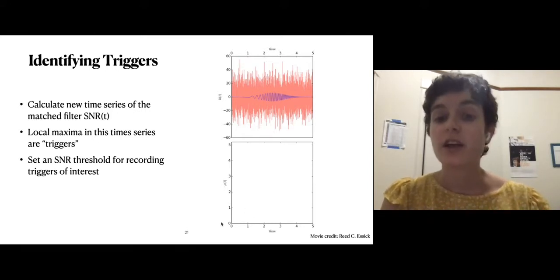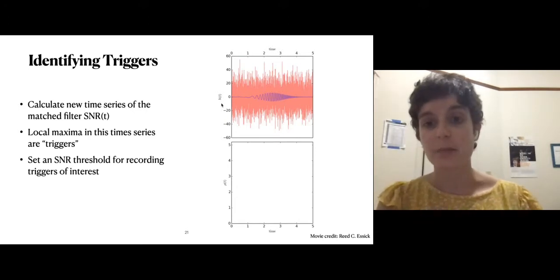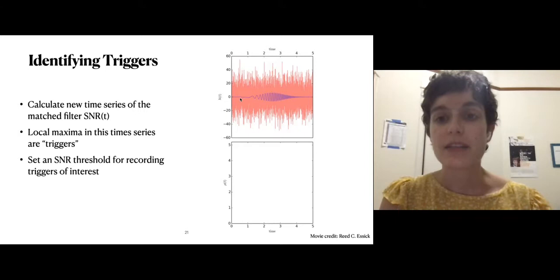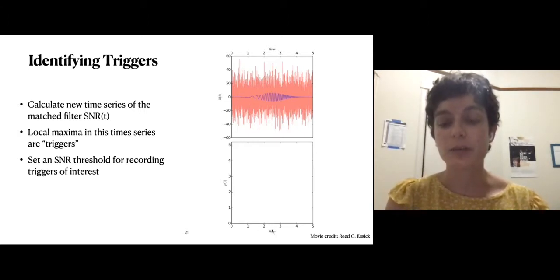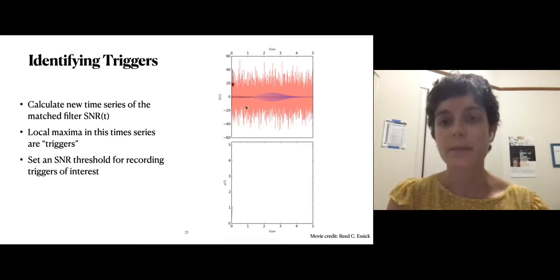And that gives us another time series, which is the matched filter signal to noise ratio as a function of the time lag. So we're sliding the template over, and the time lag between the signal and the template is this time variable here. And you can see we're going to slide a template over this noisy data stream and just watch what happens to this signal to noise ratio as a function of time.